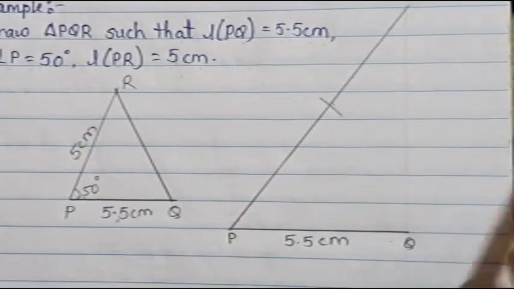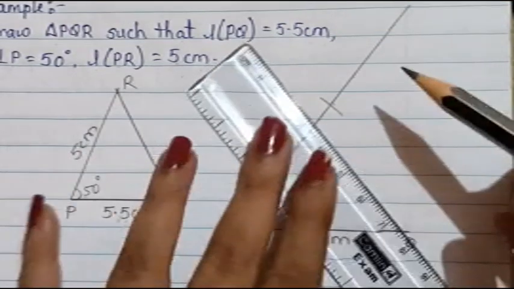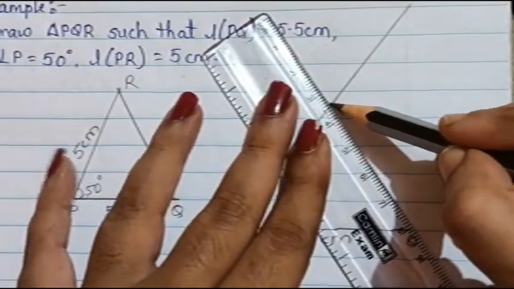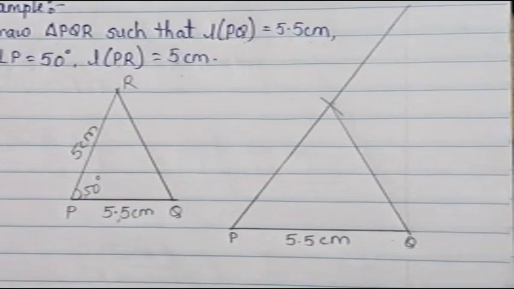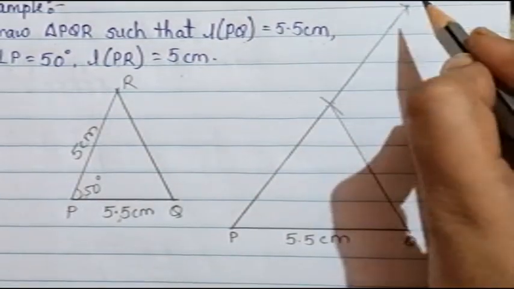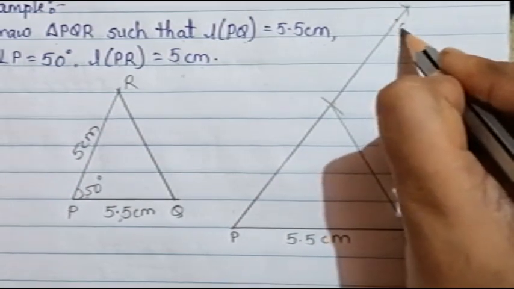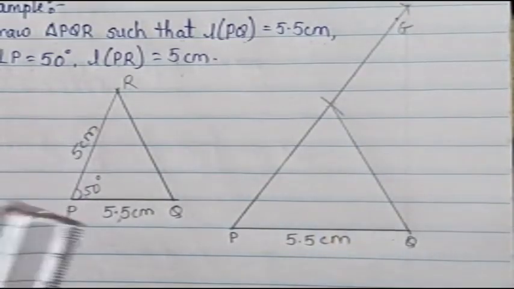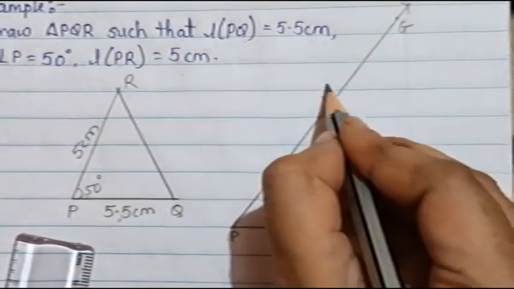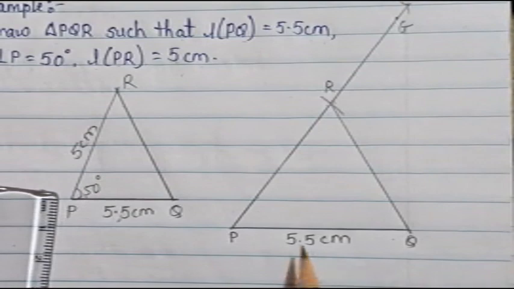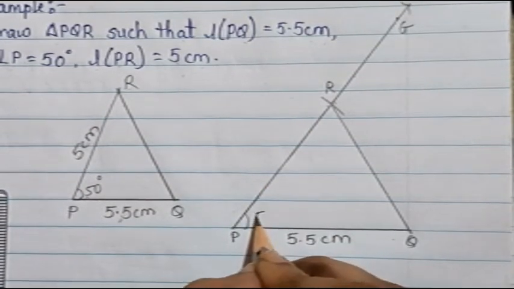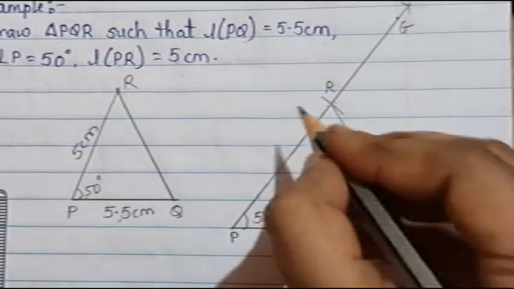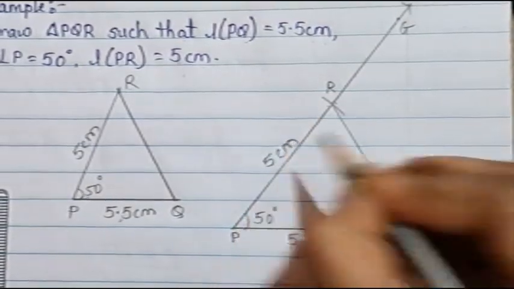Then I put an arrow on the line, and this point I'll name G, because I have extended the line till G, and here where the arc cuts it, I have got the point R. So PQ is 5.5 centimeters, angle P is 50 degrees, and PR is 5 centimeters.